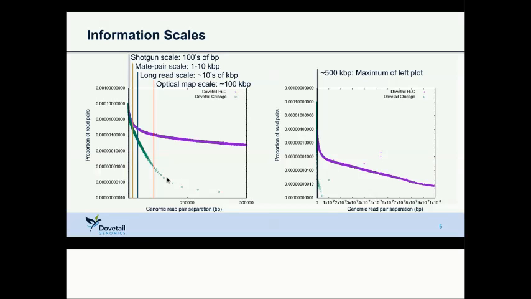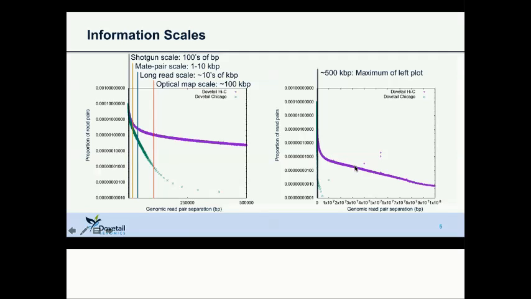So in the case of this Chicago library, it's likely that the DNA that we put in was 150 or 200 kb in extent. Now if we switch over to looking at Hi-C, we can see that this is extending well out past the end of this plot here, which is the reason why we have this other plot on the right.